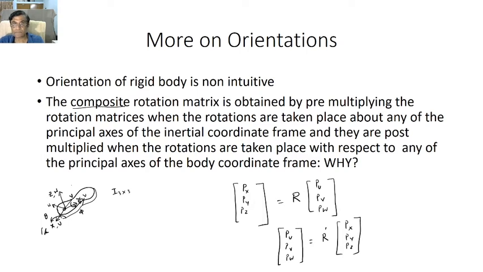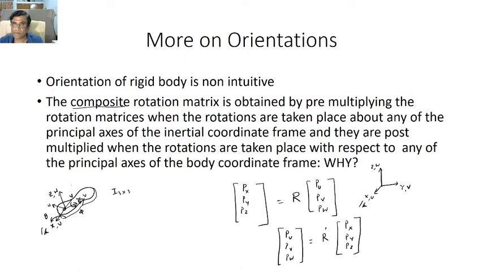Is it clear? So now what does it mean? You see, say this is our inertial coordinate frame, and initially they were together. Now this is x, u, y, v, and z, w, say. Okay. So now instead of rotating about any of the principal axes of the inertial coordinate frame, say you have rotated first with respect to the u axis of the body coordinate frame.